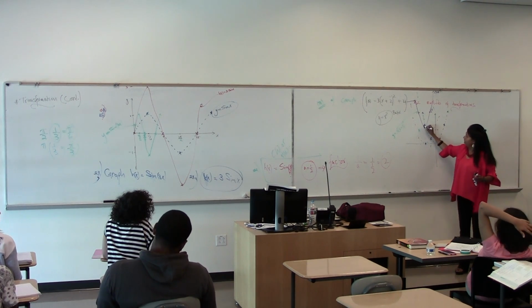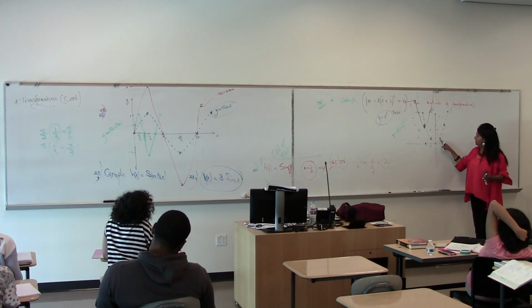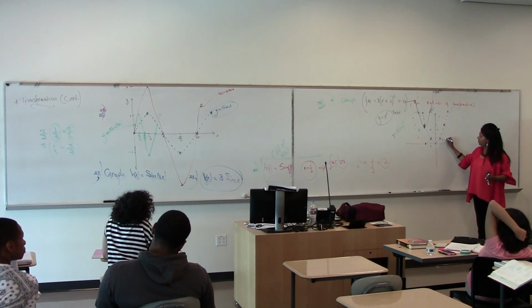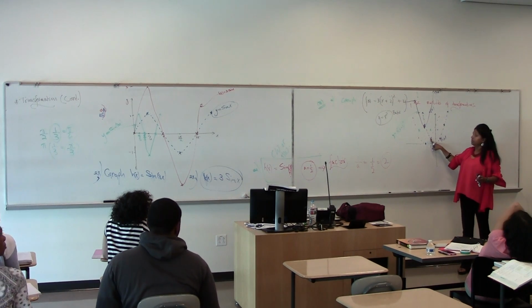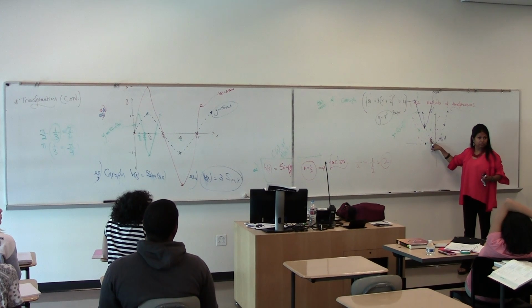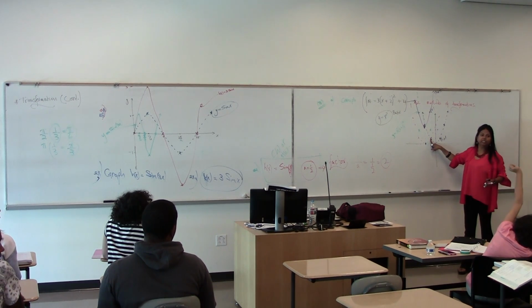So I did one of these. This point I already focused on. Let's go to this point. This is what? 1 and, originally this is 1 and 1. Move to the left 2. Multiply by 3. What is it going to be? 3, the y coordinate multiplied by 3 is 3.